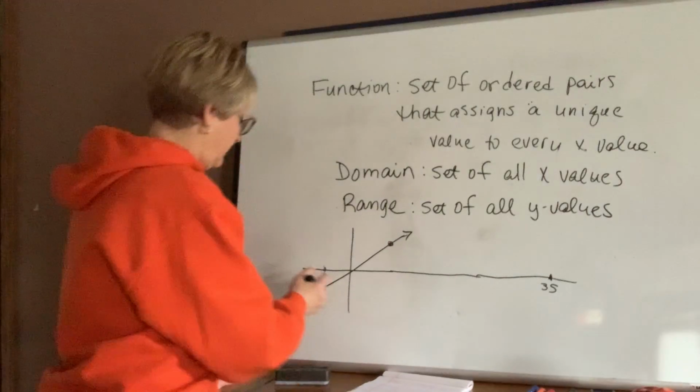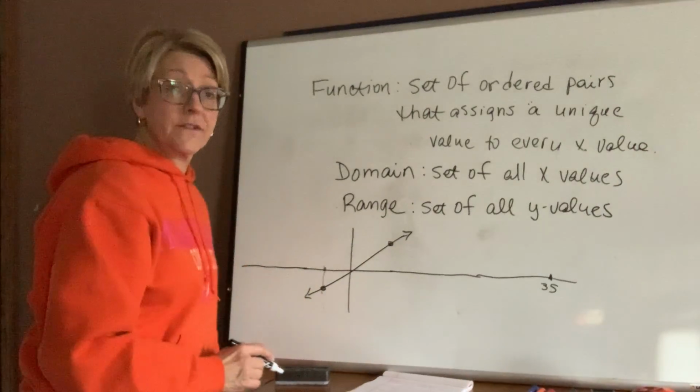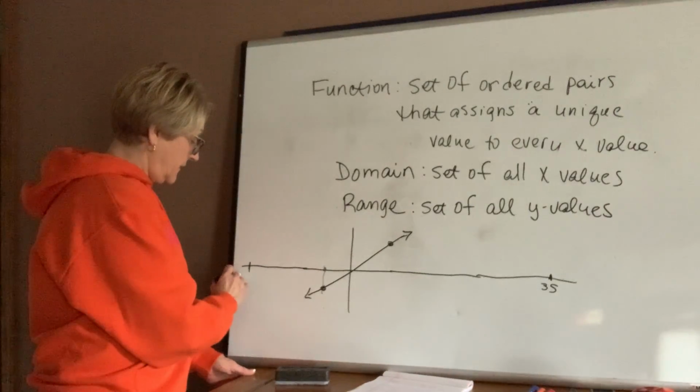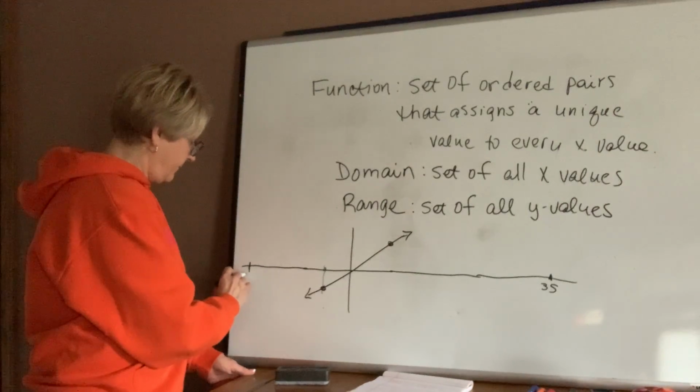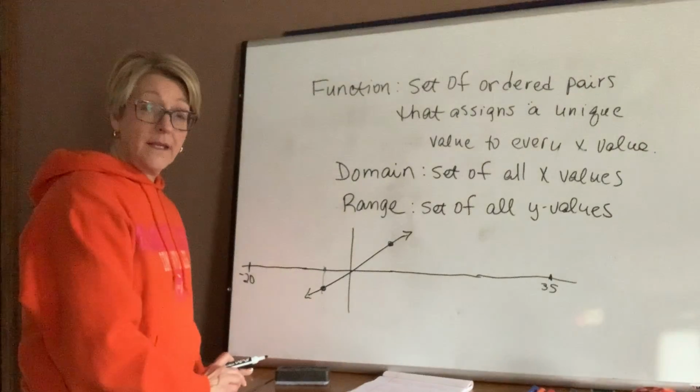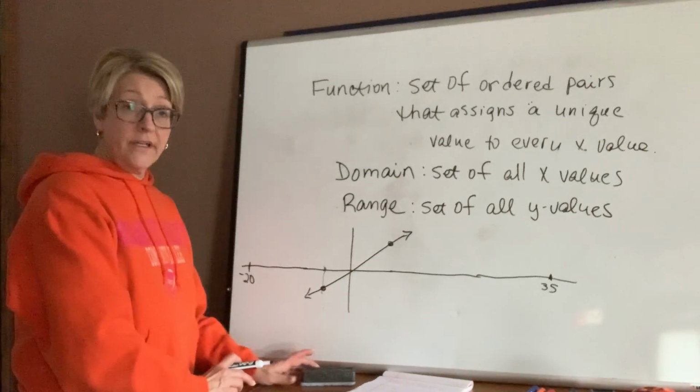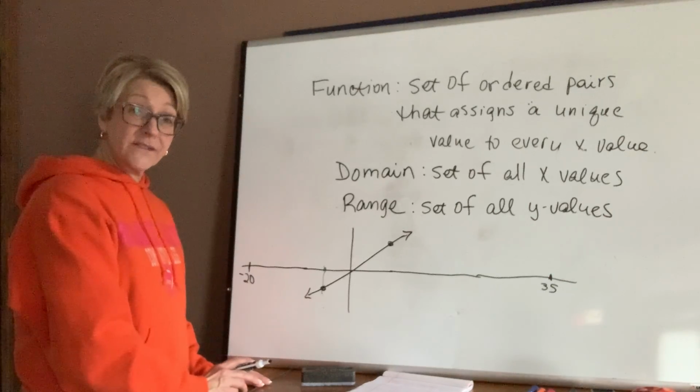We could do that in the reverse here in the negatives, right? If I pick a point way out here, say x is -20. Is there a point on this graph line where the x-coordinate is -20? There is.